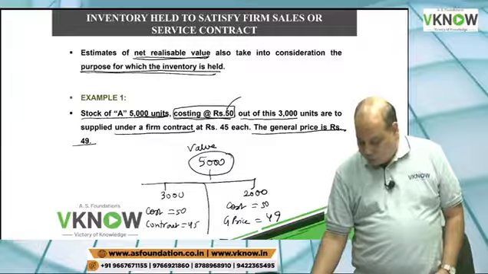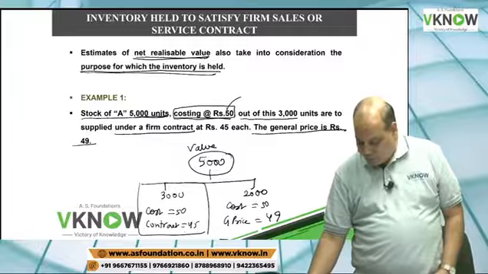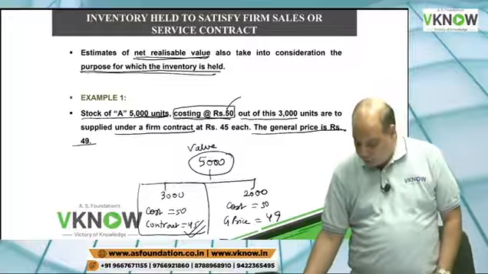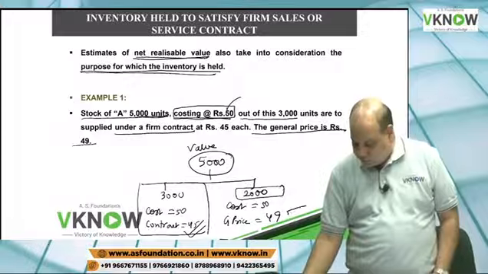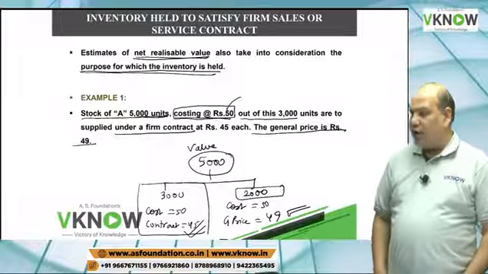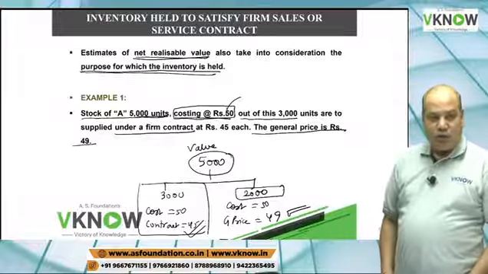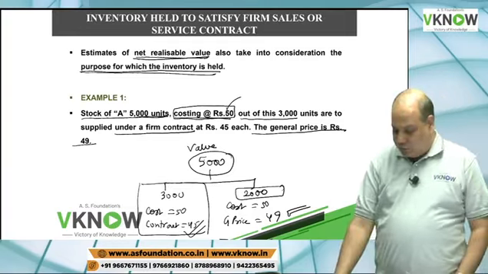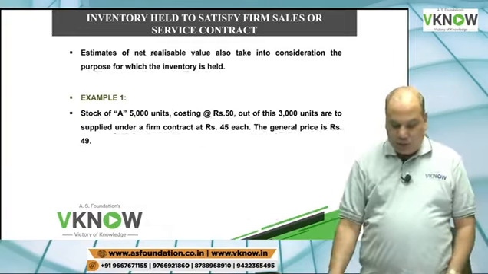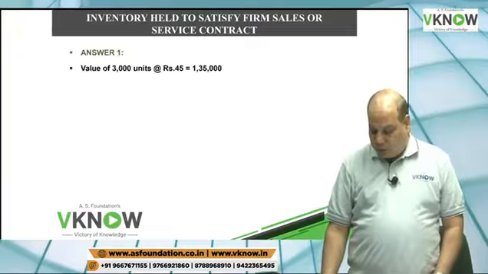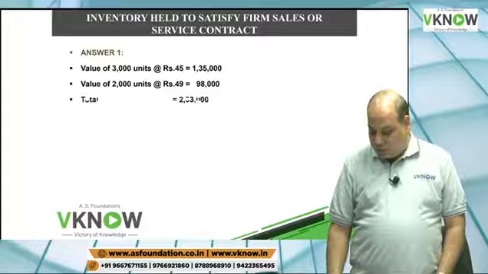For 3000 units, I will take 45, lower of the two, and for 2000 units, I will take 49, lower of the two.